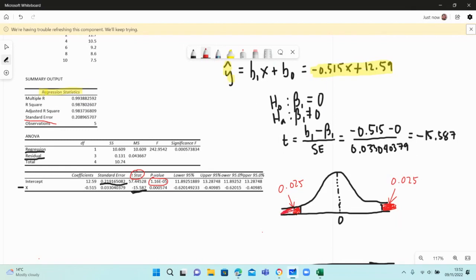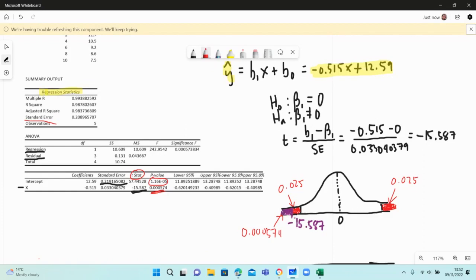And what this basically says is that the value that we obtained, which is negative 15.587, is here in this side of the curve, and the area to the left of this number is given by this p-value, which is 0.000574.